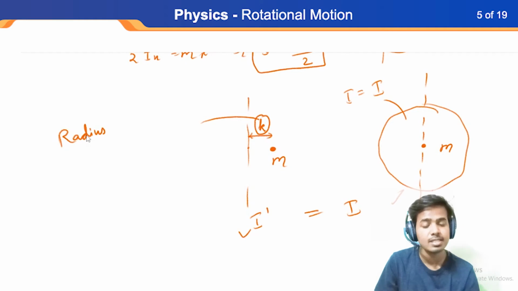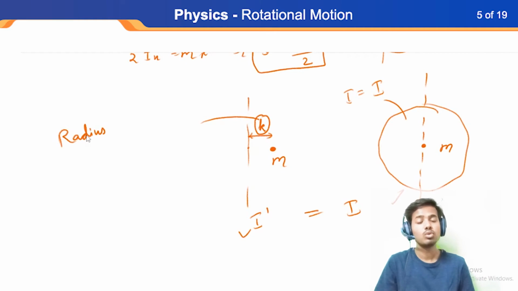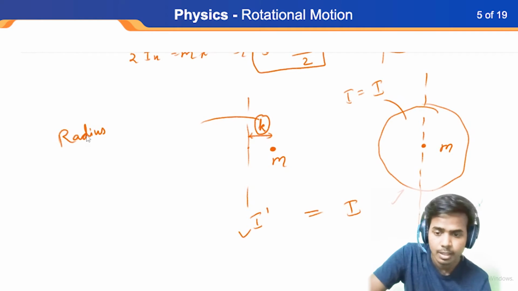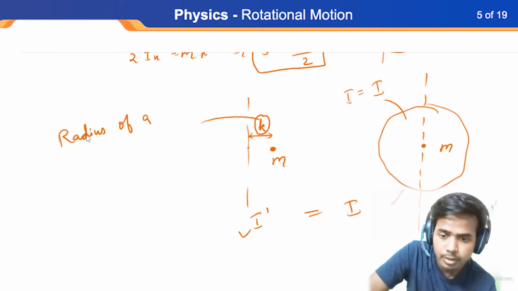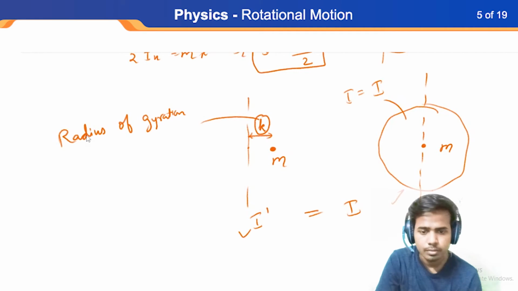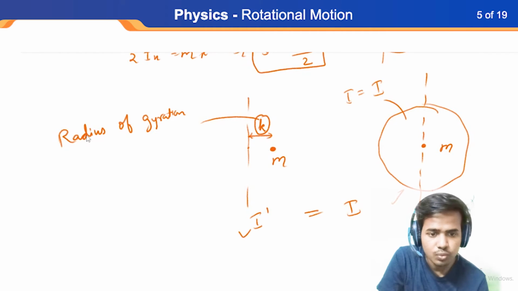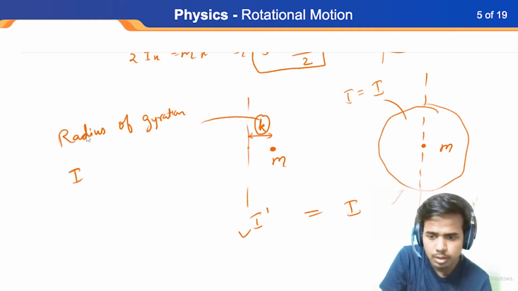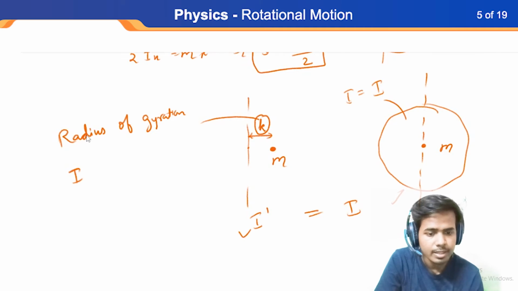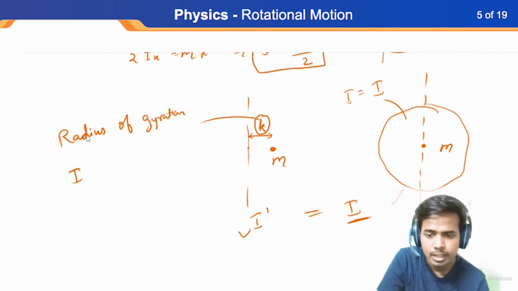It is that distance from the axis of rotation at which, if you assume even a point mass, the moment of inertia should not change. Radius of gyration. Now, how to calculate it? Let's say there is this moment of inertia I. It should be equal to the moment of inertia of this system.